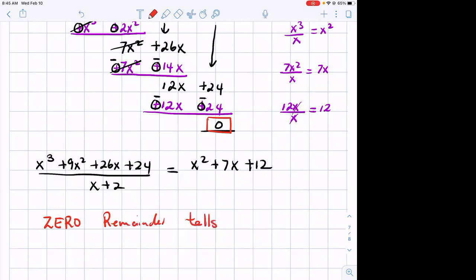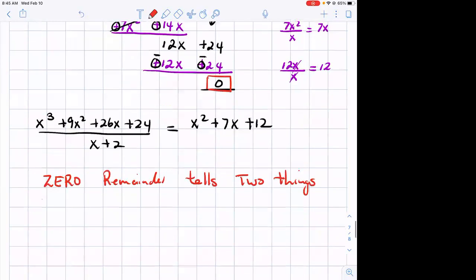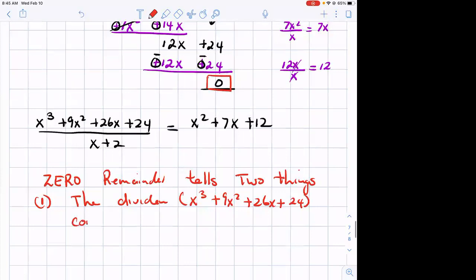It also means that a 0 remainder tells two things. One, your dividend, which is x cubed plus 9x squared plus 26x plus 24, could be factored.